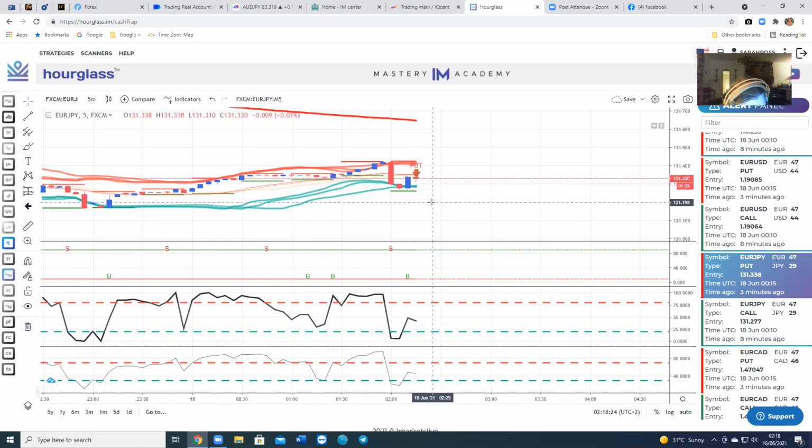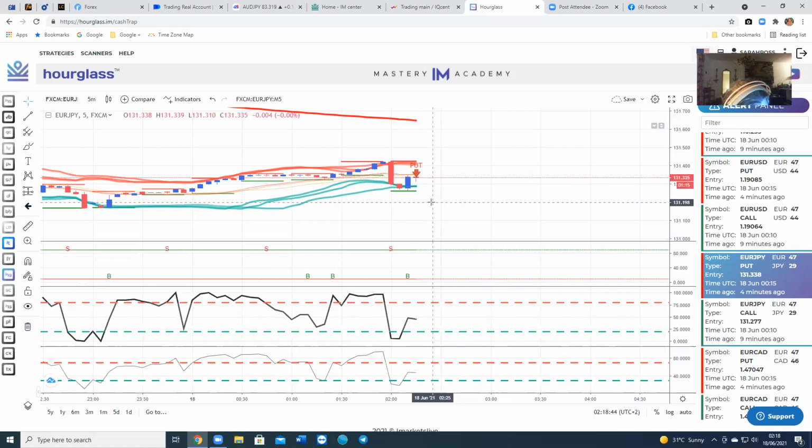So Euro JPY is 70%. So my highest payouts, they may have changed, you need to check them, is either to trade GBP JPY or USD JPY or Euro USD.